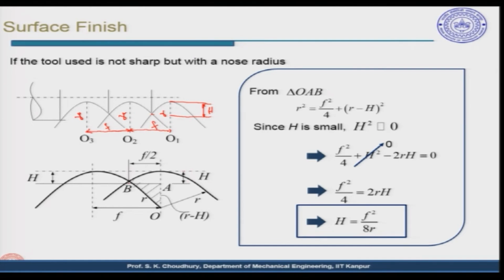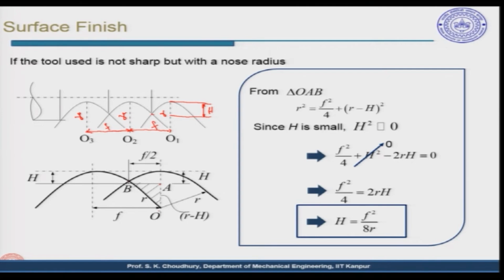This is the peak, this is the valley, and this is the distance that will indicate the surface roughness. Here O is the center of the tool, let us say, and O indicates the r, which is the nose radius of the tool. This is the intersection, and we take a normal here.